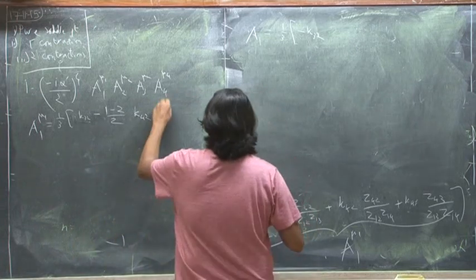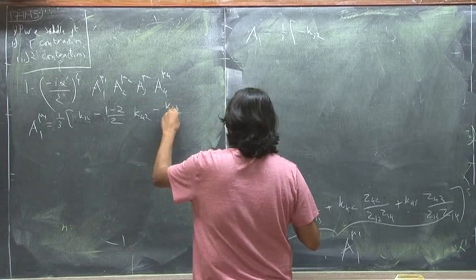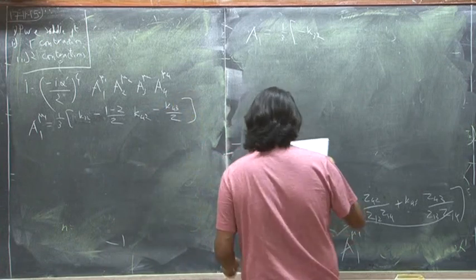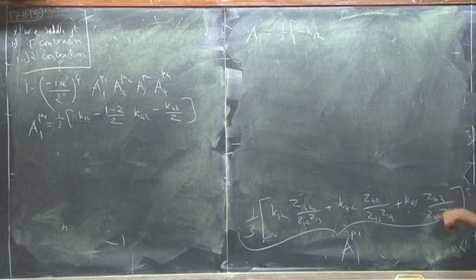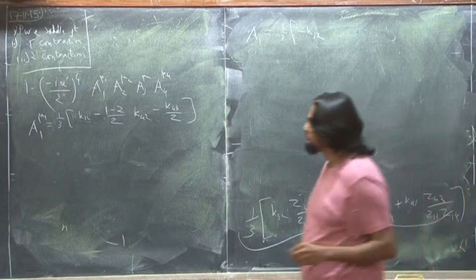Plus minus K43 by Z. Now let's see if this makes sense. Because Z43 was a minus infinity, Z13 was minus infinity, so we're happy. Z14 is a minus Z, so minus Z.